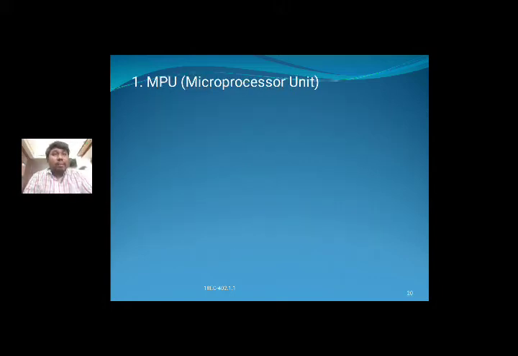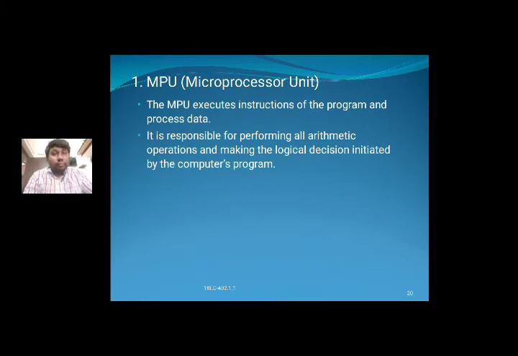Also, the MPU executes the instructions of the program and processes the data. Whatever is instructed in the program is executed as well as processed by the data in the MPU.